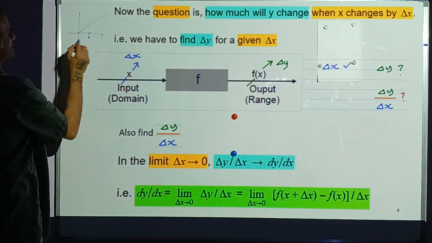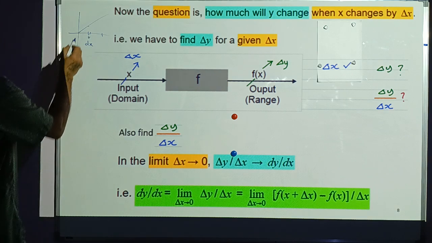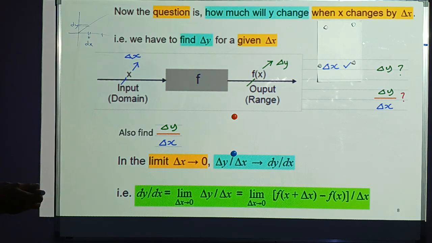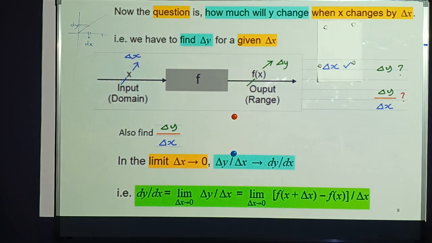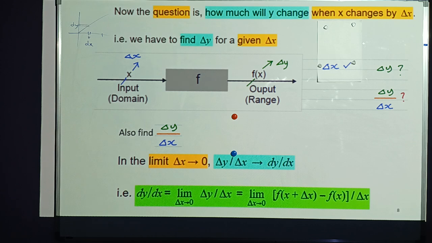This small change is denoted by dx, and the corresponding small change in y will be dy. So when delta x tends to 0, delta y by delta x becomes dy by dx, which is f of x plus delta x minus f of x, divided by delta x, and in the limit you put delta x equal to 0. So delta stands for small change and dx stands for very small change, with the limit tending to 0.